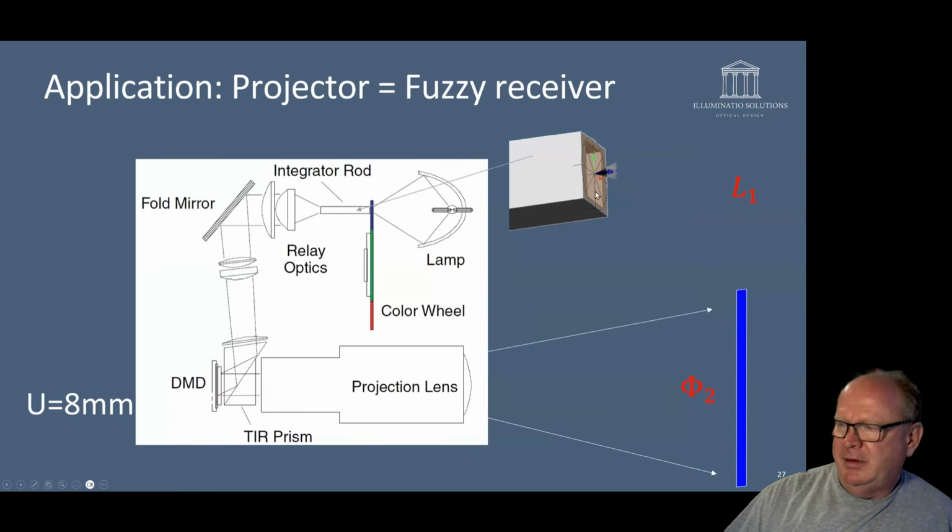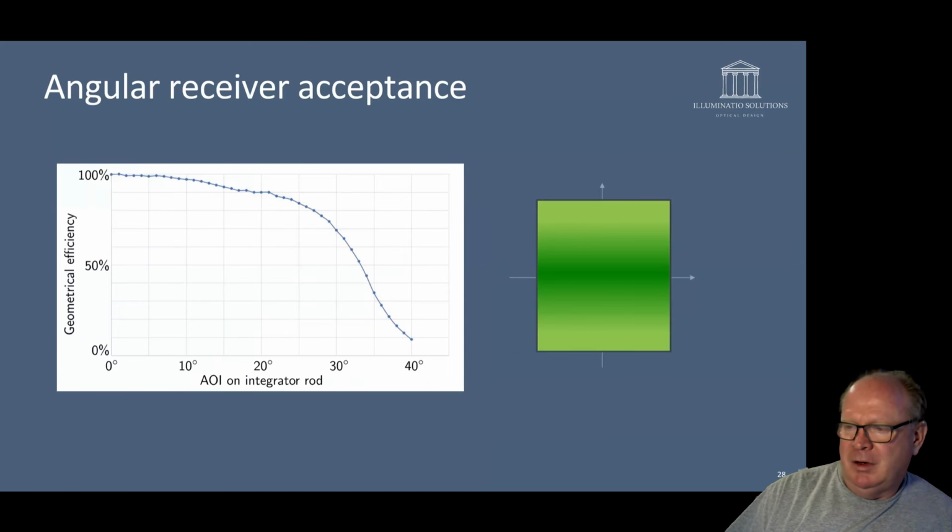So here is my rod entrance, and I have a source defined in the software, and I can get the étendue of the projector. It turns out the étendue of the projector is a little bit smaller than the étendue of the DMD.